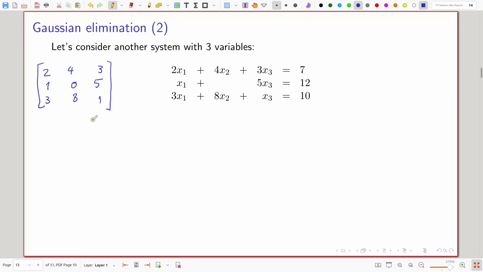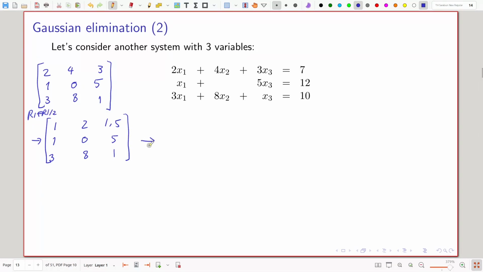Now I can do the same by dividing the first row by 2, right? So I get 1, 2, 1.5, and 1, 0, 5. So I say R1 equals R1 over 2.